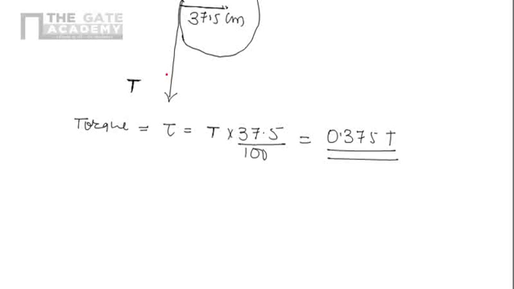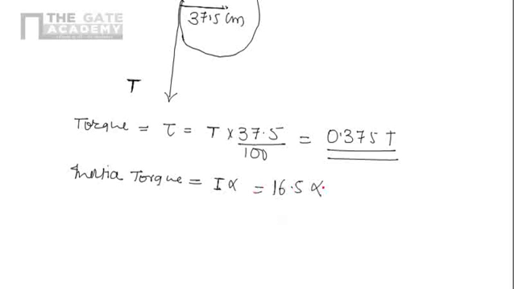So for dynamic equilibrium, we are interested in inertia torque also. For inertia, we have mass into acceleration. Similarly, in rotational motion, in place of mass we have I, in place of a we have alpha. So we have I, which is 16.5.